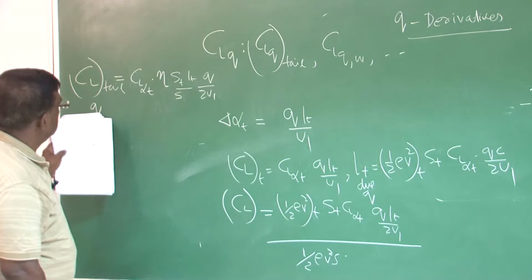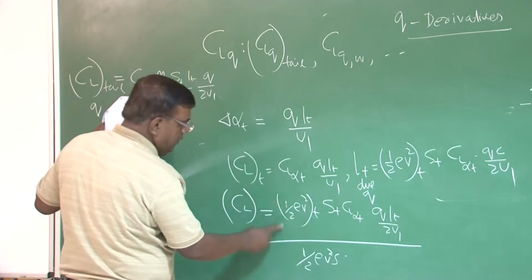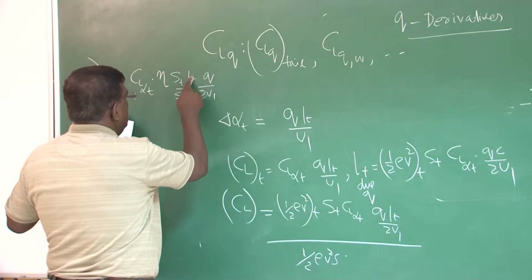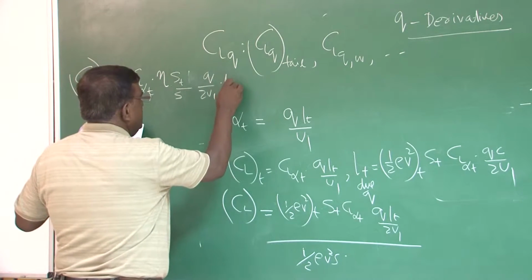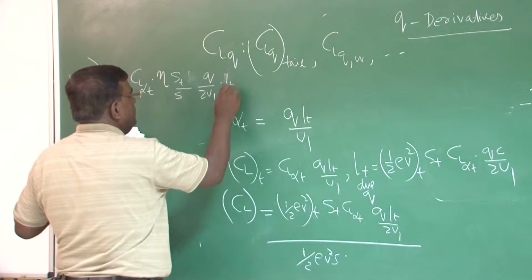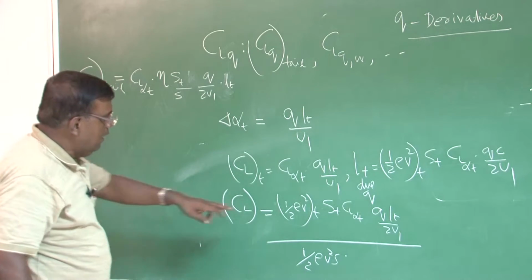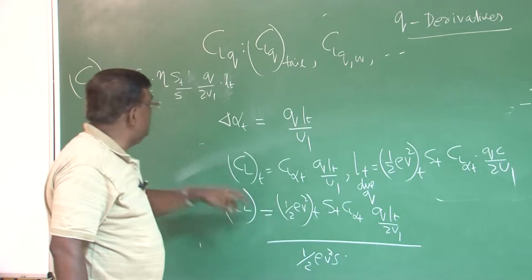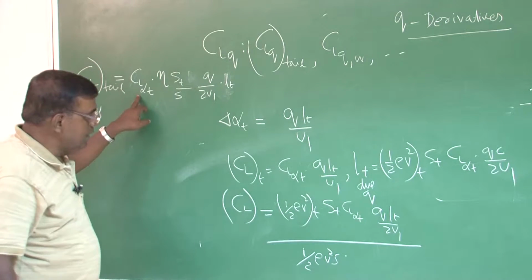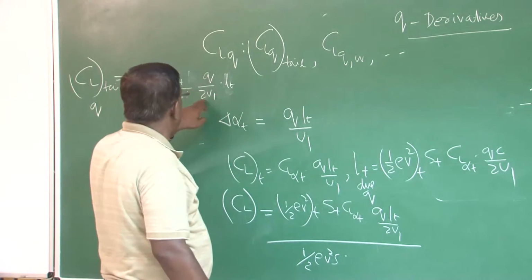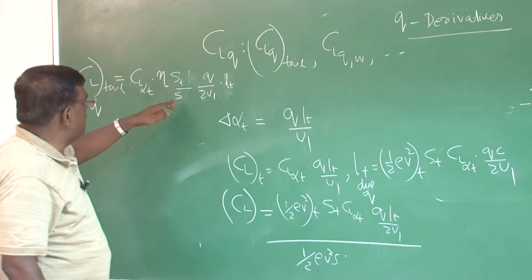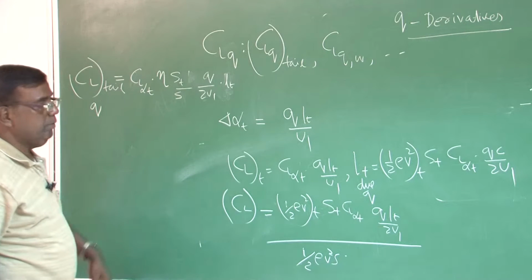Let me check again. Half rho V square tail by half rho V square free stream is eta. Eta is here. CL alpha tail, yes, it is here. Q LT by U1 is here. Everything is here. S is also here, but S is nothing but S of the wing.